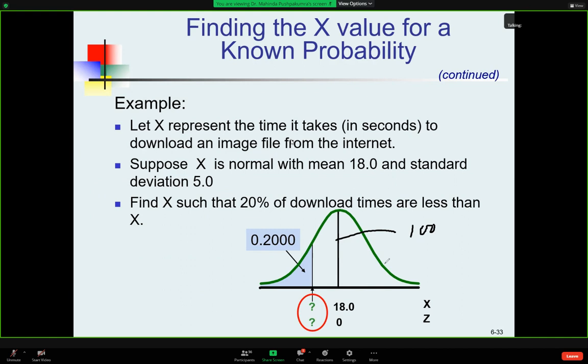Then 20% of download times less than x means this part, this should be 20%. And the mean value is given here, it is 18. We know this area is 50% and this area is also 50%. Then this should be minus, because it is less than the mean.